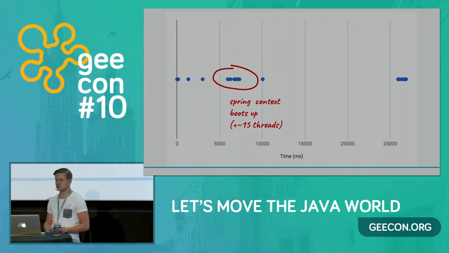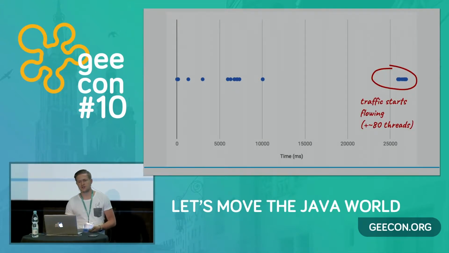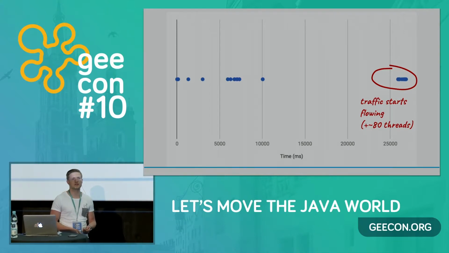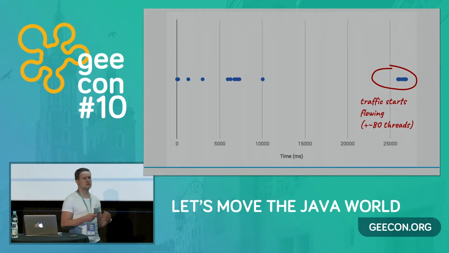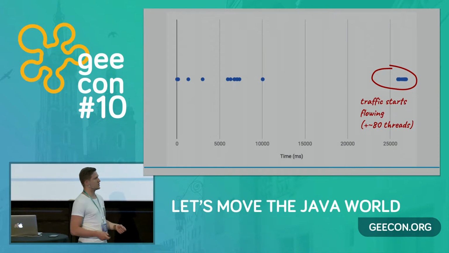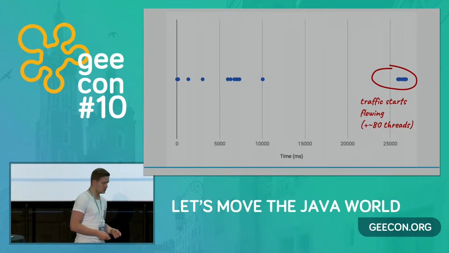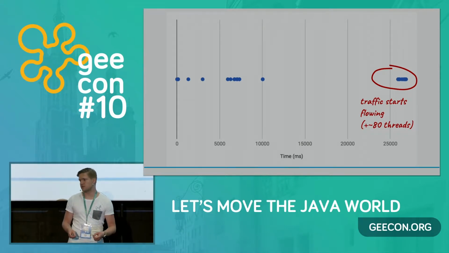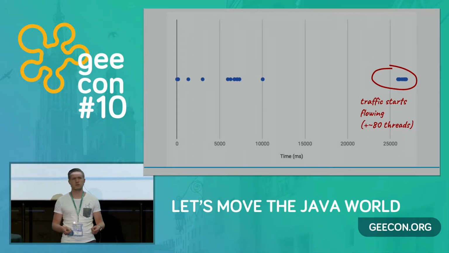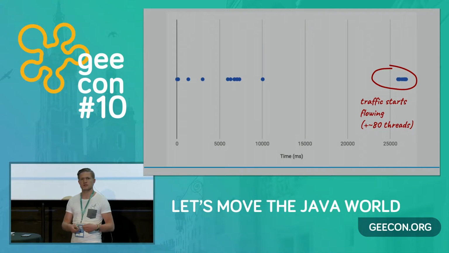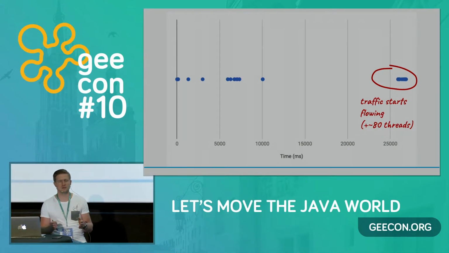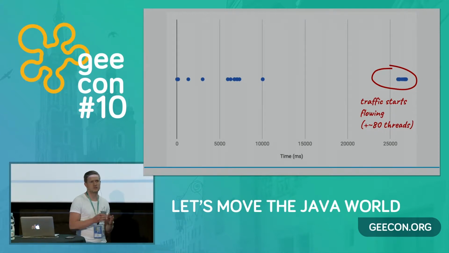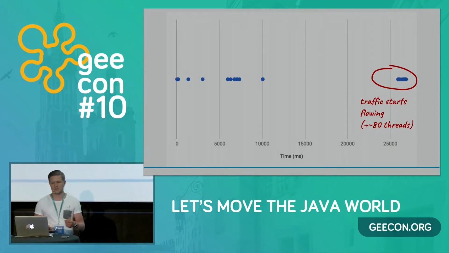And then, after 25 seconds, traffic starts flowing to the application. And this results in a huge burst of threads. Almost 80 of them are created. In your typical JVM application, microservice or whatever, probably the traffic starts flowing immediately after the Spring Boot context starts. I took a little break, added a little delay between those events just to be able to show them better on this map.